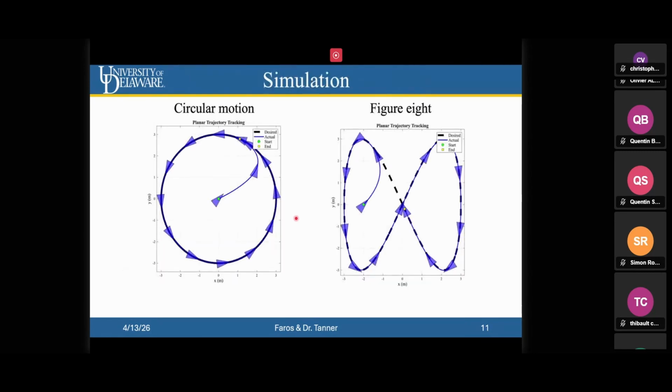And now, as I promised you, I have two simulation results. Basically, we designed a trajectory tracking controller for a circular motion and a figure eight motion.